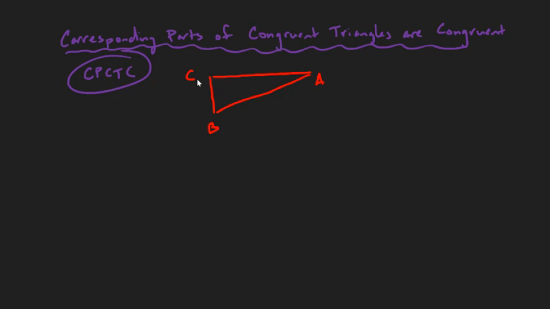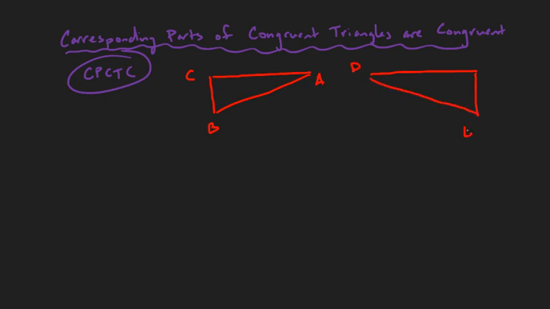And what's going to happen here is we are going to identify the corresponding parts of these two triangles, and we're going to say that they're congruent, because in this phrase, corresponding parts of congruent triangles are congruent.